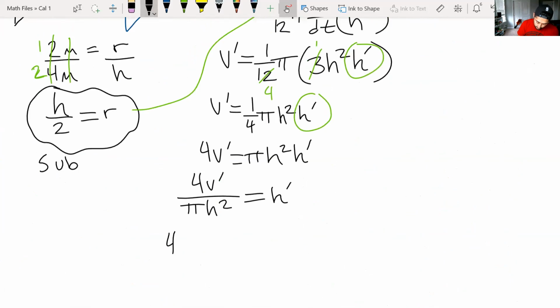So 4 times 2 meters cubed per minute, right? Yes, minute.